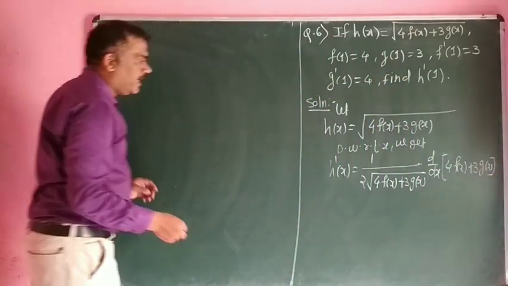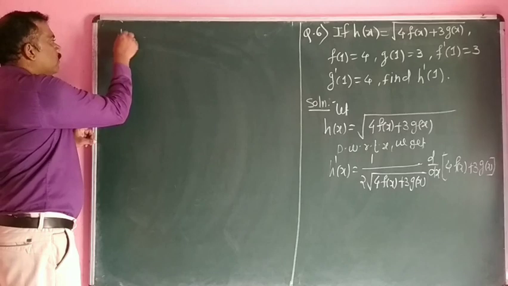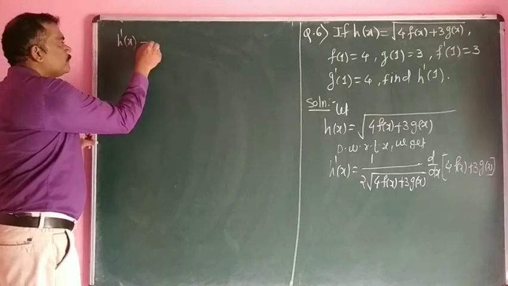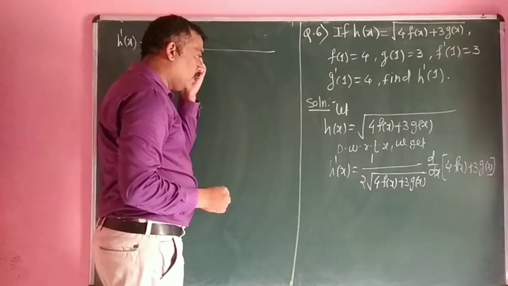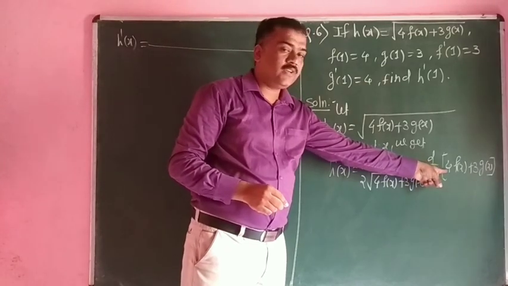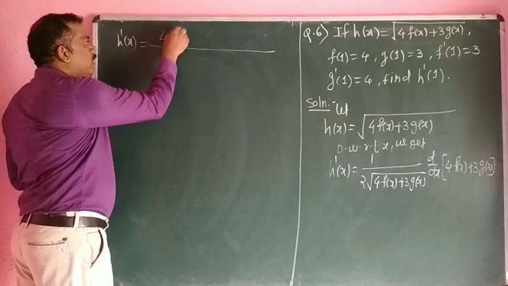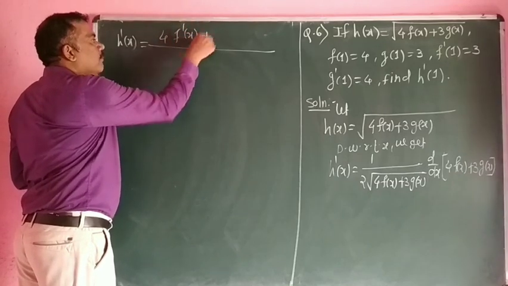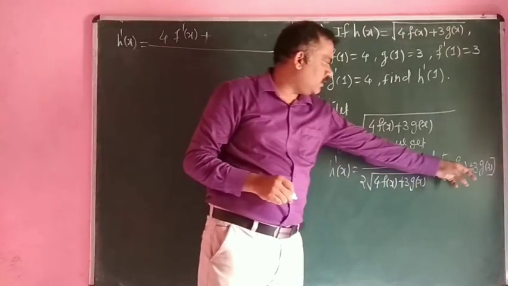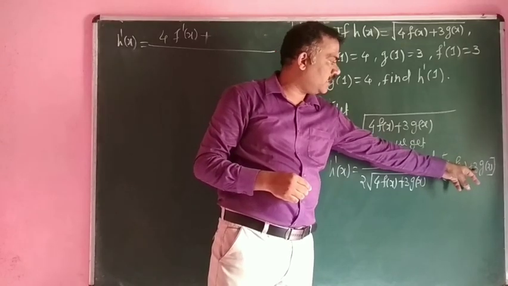So h dash of x is equal to, see here, 4 is a constant, so we take it outside the derivative. The derivative of f of x is f dash of x, that is 4 times f dash of x. Plus 3 is a constant, so we take it outside the derivative.